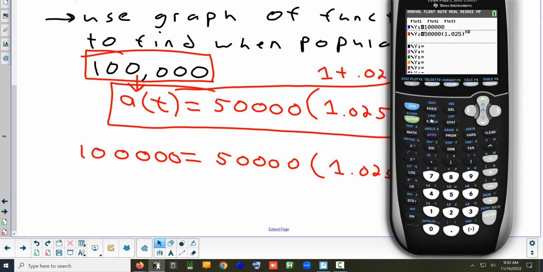Okay, so I got the left side in y1. I got the right side in y2. I'm going to set my window. X is time. What's the smallest amount of time that could go by? Even less.